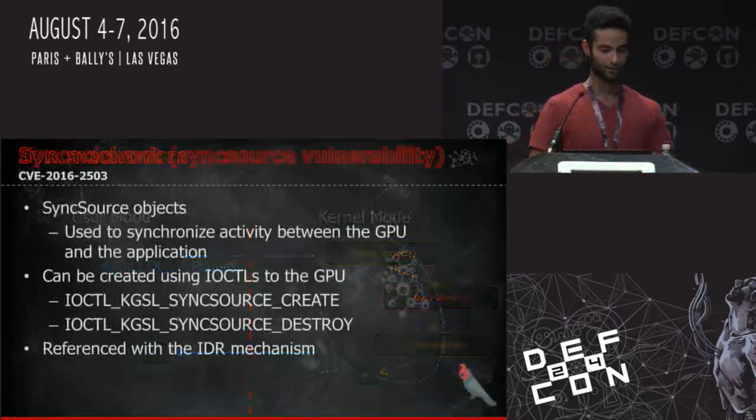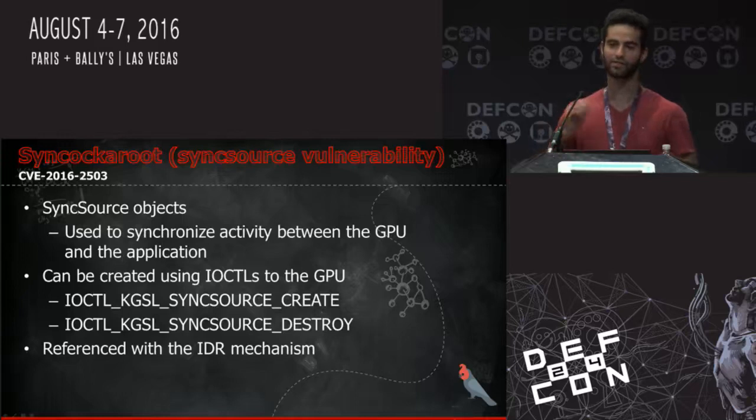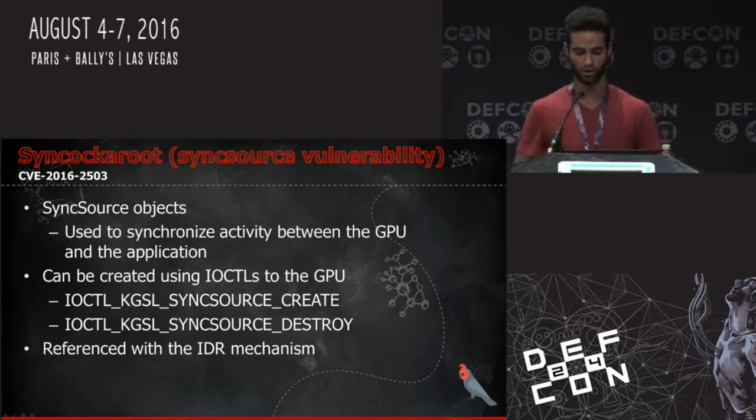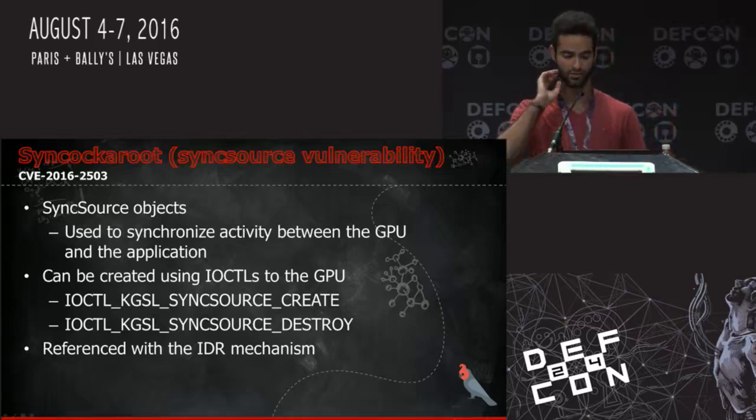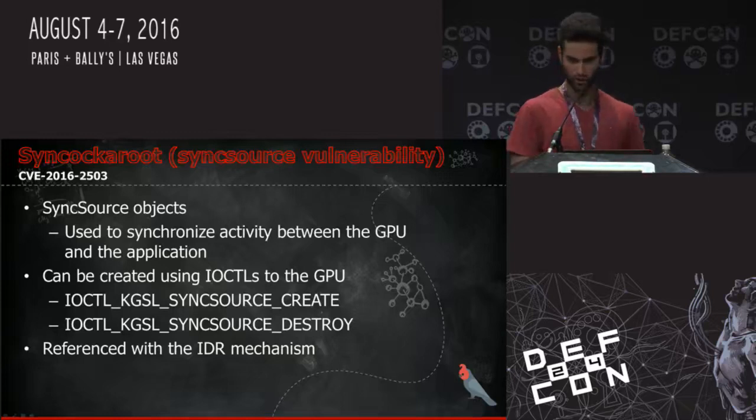And now, syncockaroot. So syncockaroot is a vulnerability in an object called sync source. It's in the synchronization mechanism between the GPU and the currently running application. We don't have to know a lot about this object to understand and see the vulnerability. We just have to see how to create and destroy this object.